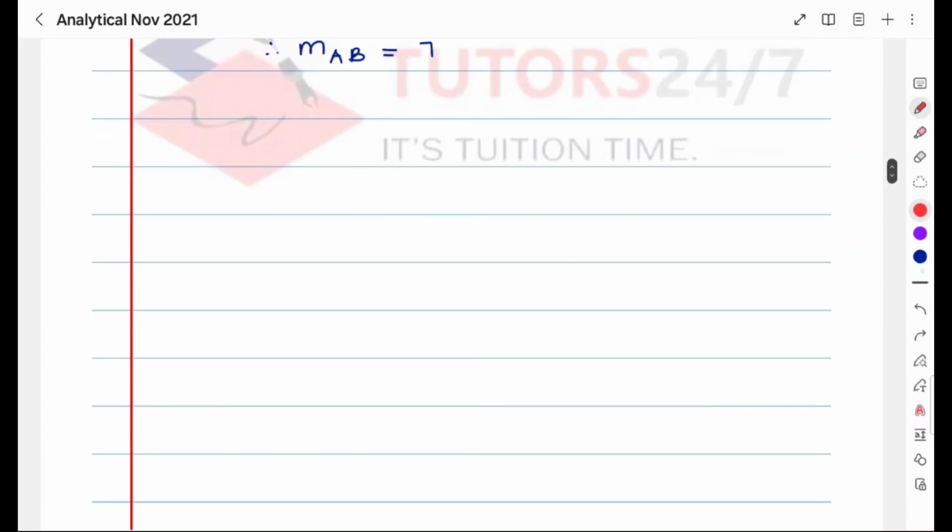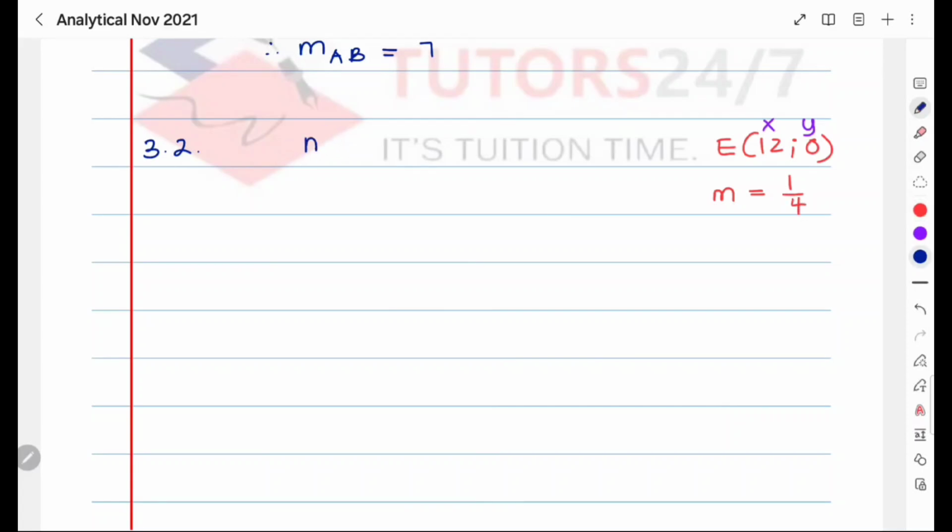So this is question 3.2. I'm going to make this my x and y. We know that the gradient of BE is 1 over 4.